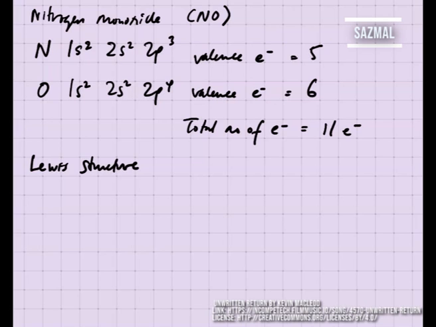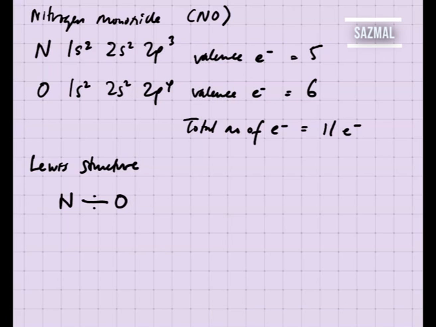So first of all, consider a single bond between nitrogen and oxygen. So we've got 2 electrons here, and for nitrogen it has 3. So here the nitrogen will have 3 non-bonding electrons, whereas oxygen will have 6 non-bonding electrons.